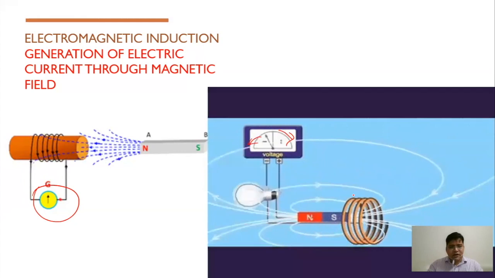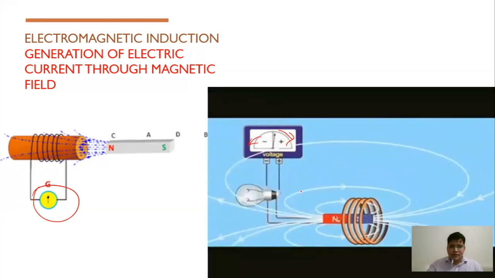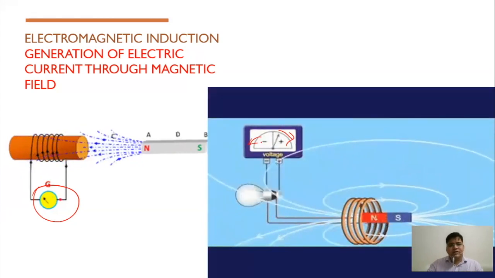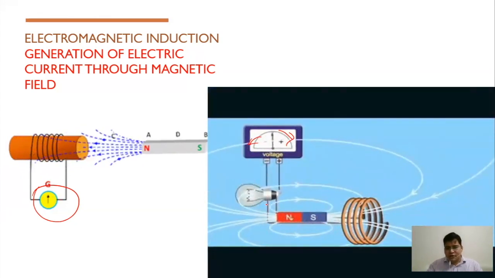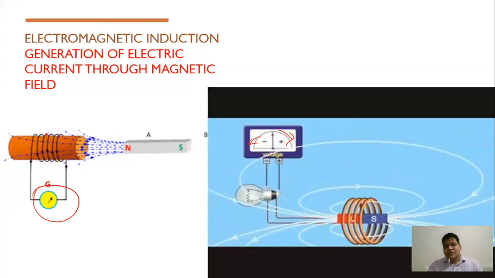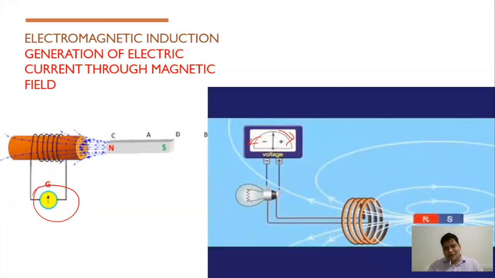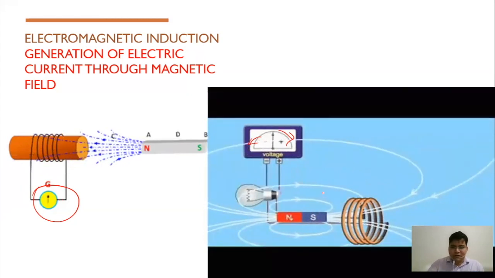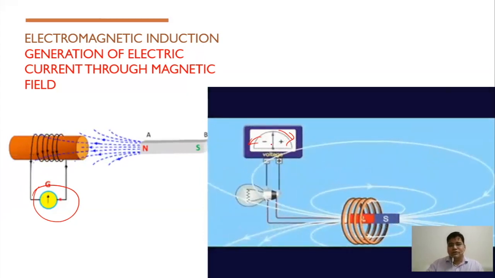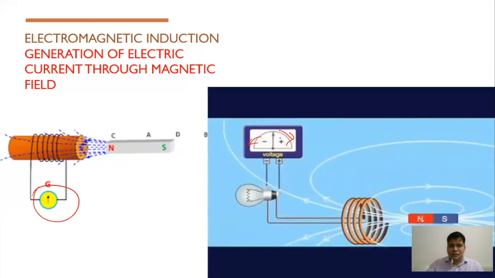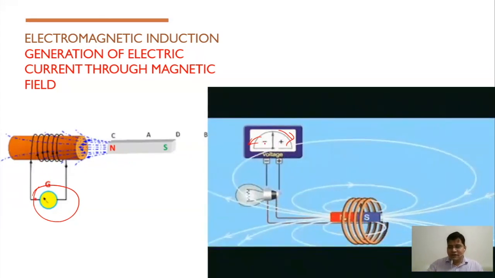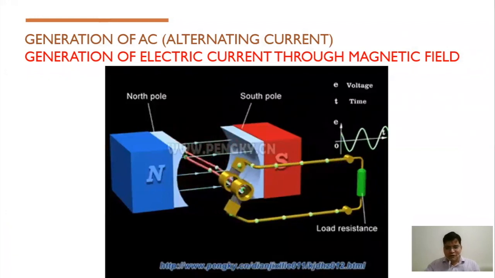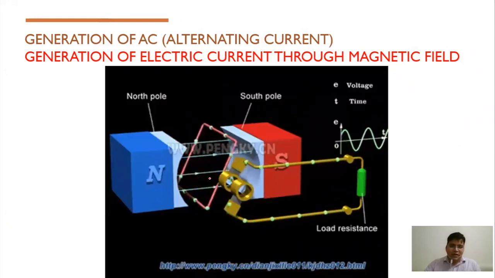This is a complete circuit, meaning it is a well connected circuit, and this voltmeter is connected with a load, and we are just passing this magnet through. So this was the Faraday experiment, and you can observe the movement of this needle. This is the concept of generation of AC through the magnetic fields.